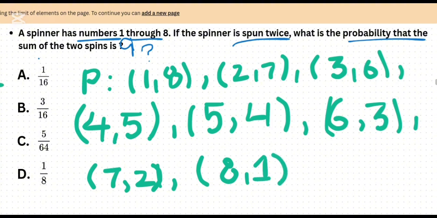So these are the possible pairs of sum 9, right?